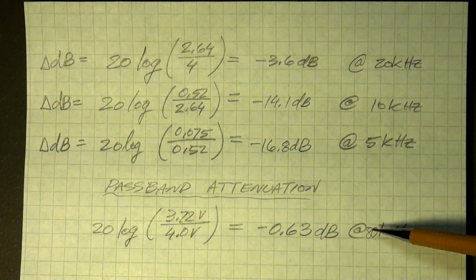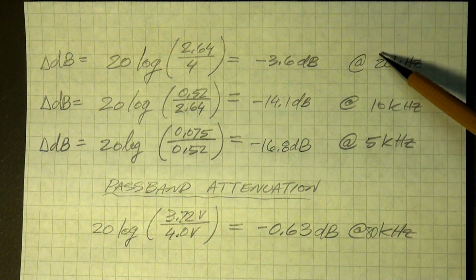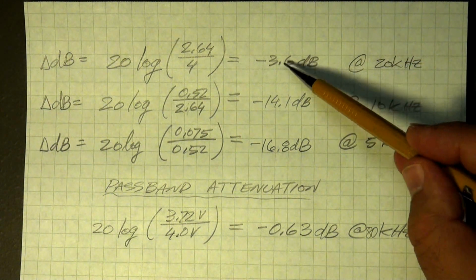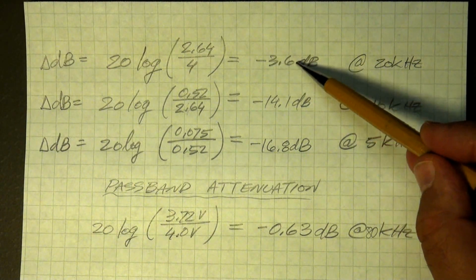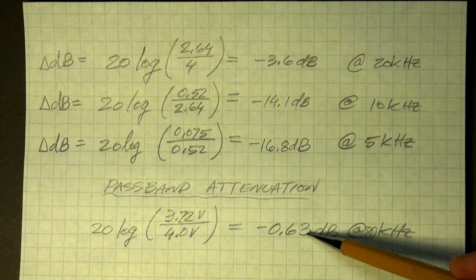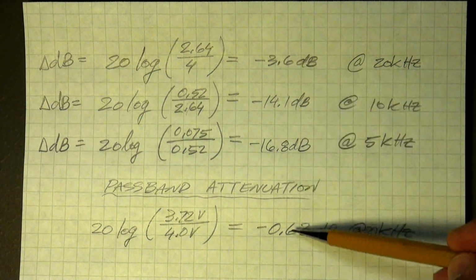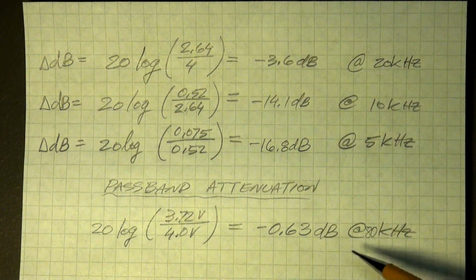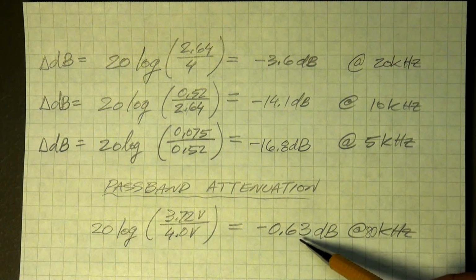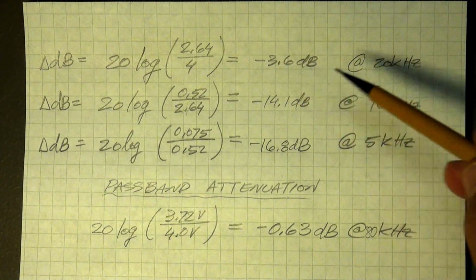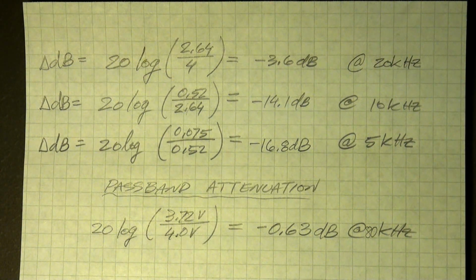Now if we go back to the corner frequency at 20 kilohertz, this minus 3.6 dB already contains this minus 0.6 dB. So if we take this away from that, because our passband gain is not 0, it is minus 0.6, this is actually minus 3 dB, which is spot on for its corner frequency.